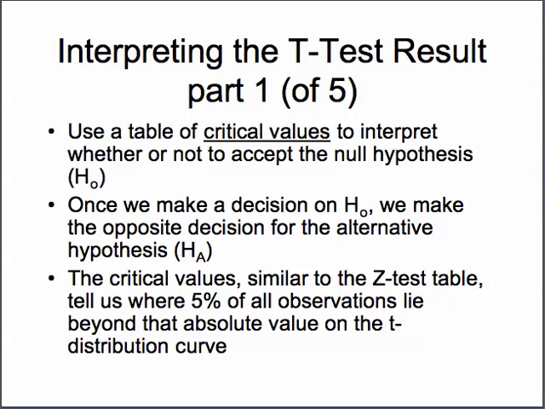We now will interpret the result of the t-test. We need two items to do so: the absolute value of our calculated t-test result and the correct critical value upon which we base our decision regarding the null hypothesis. Do we reject it or accept it? Once we make a decision on the null hypothesis, we then make the opposite decision on the alternative hypothesis.